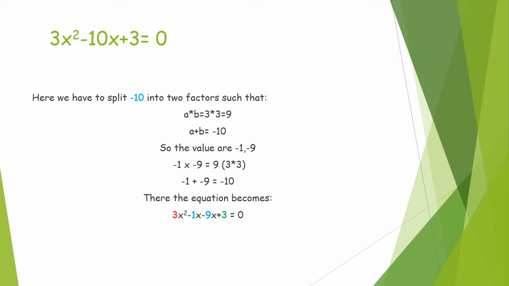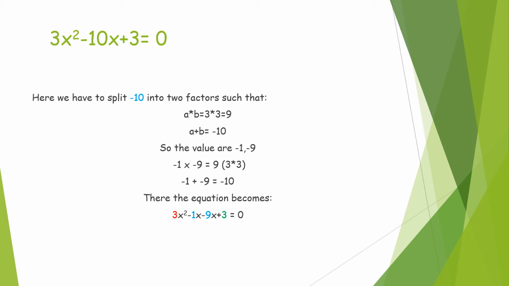That is, negative 1 multiplied by negative 9 gives 9. Negative 1 added with negative 9 will give negative 10. So, negative 10 can be split and written as negative 1x and negative 9x.